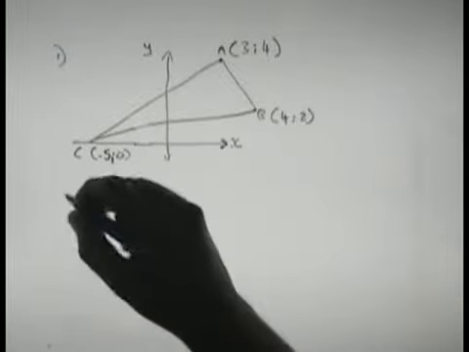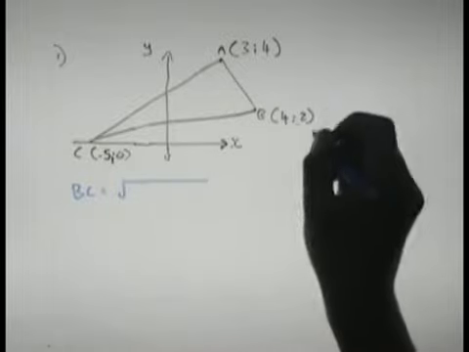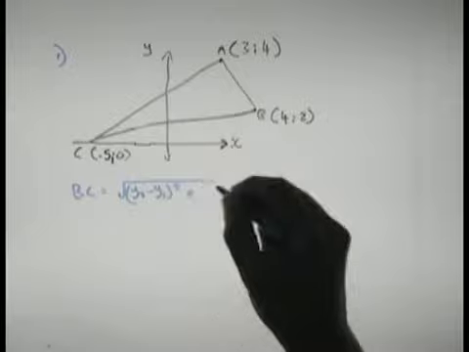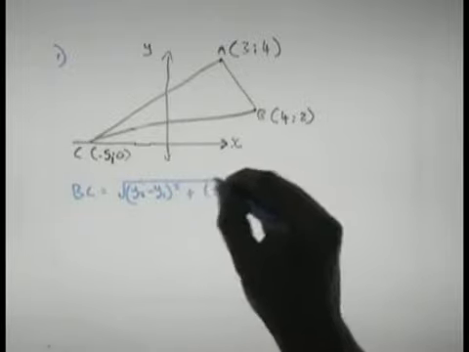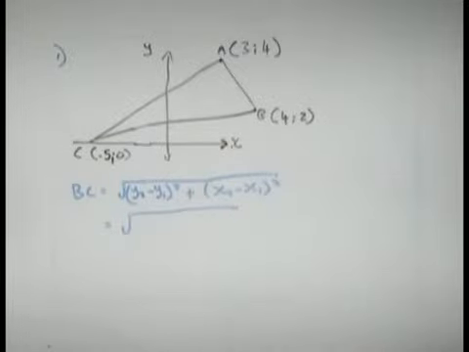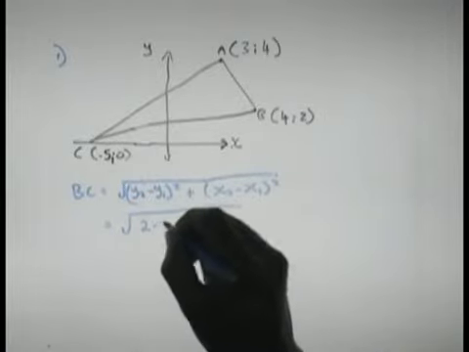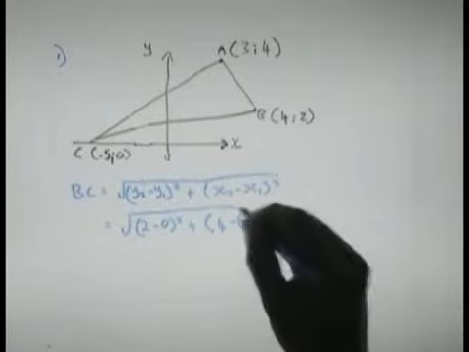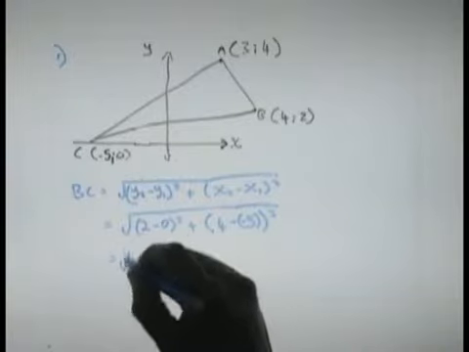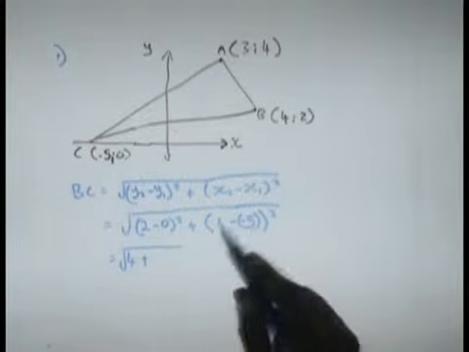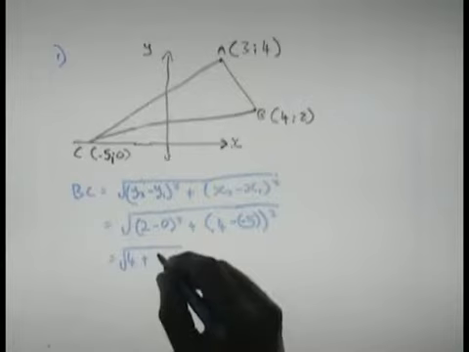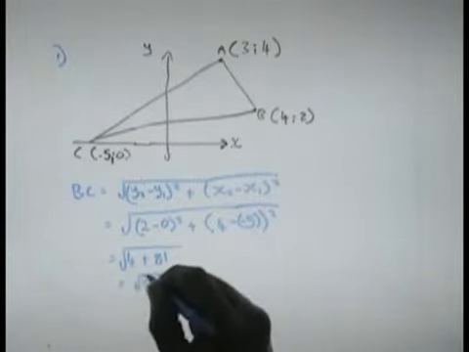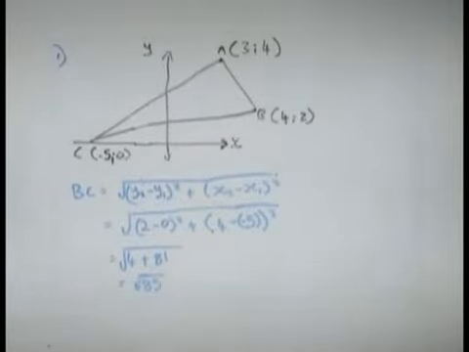Firstly, the length of BC is going to be given by the square root of y2 minus y1 squared plus x2 minus x1 all squared, which is the square root of 2 minus 0 squared, plus 4 minus minus 5 squared. 2 minus 0 is 2, squared is 4, plus 4 minus minus 5 is the same as 4 plus 5, which is equal to 9. 9 squared is 81, which means that our answer is square root of 85. BC is equal to root 85.